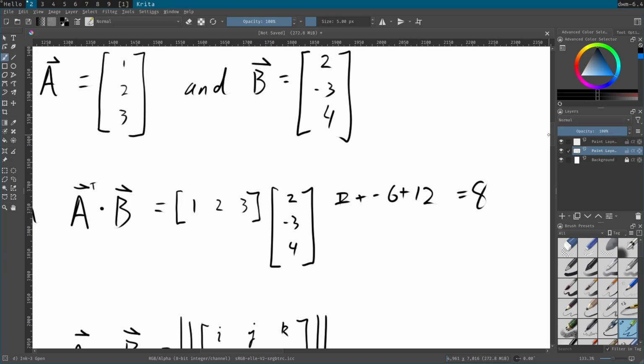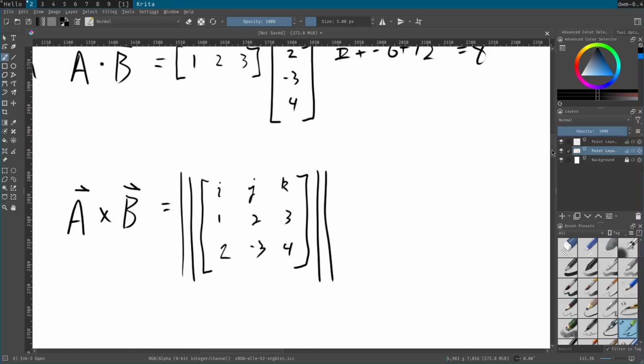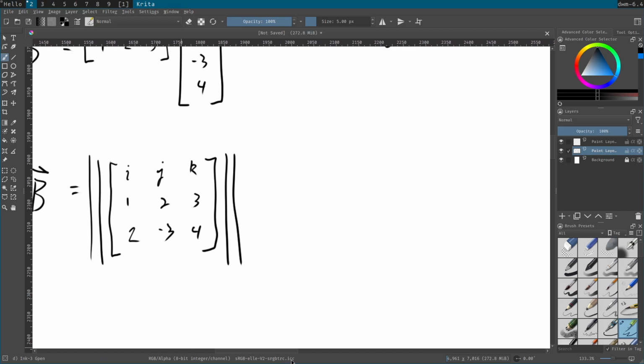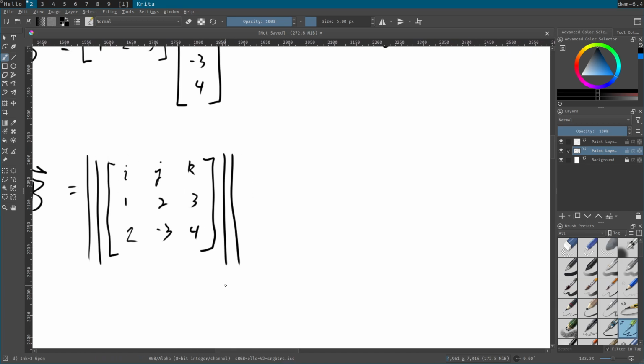And then the cross product is a little convoluted. But if we have this matrix here, we can take the determinant of it by multiplying the diagonal. So I got i times 2 times 4, and then we have to take the other diagonal, 3 times -3. So 2 times 4 is 8. Then we have to subtract 3 times -3, which would be a plus 9.